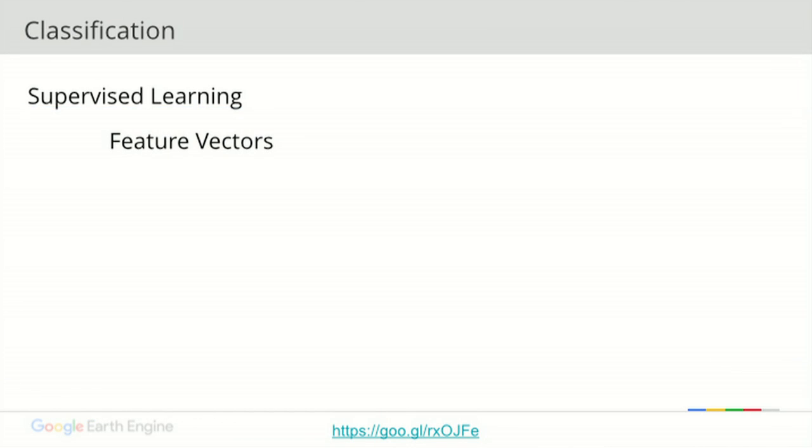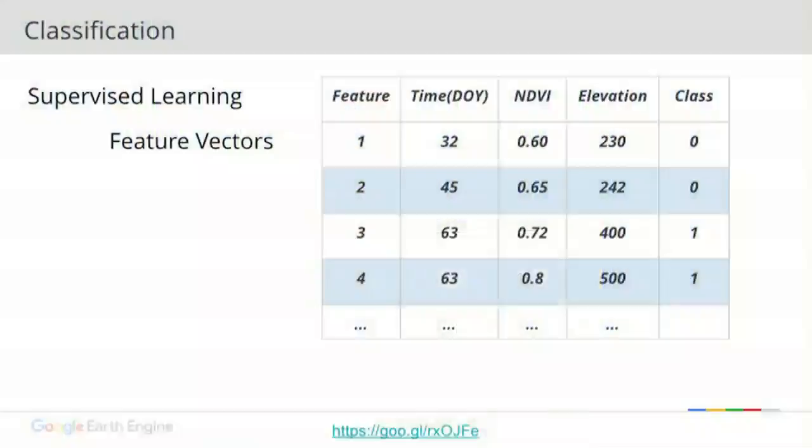We're going to be talking about supervised learning. The majority of our classifiers are, in fact, supervised learning. And when you're working with supervised learning, you're basically training with and classifying feature vectors. And what that basically means is a table. So each row of the table is a feature. Each feature has a set of properties, and all those properties together are the vector that you're either training with or classifying, sort of your independent variables.